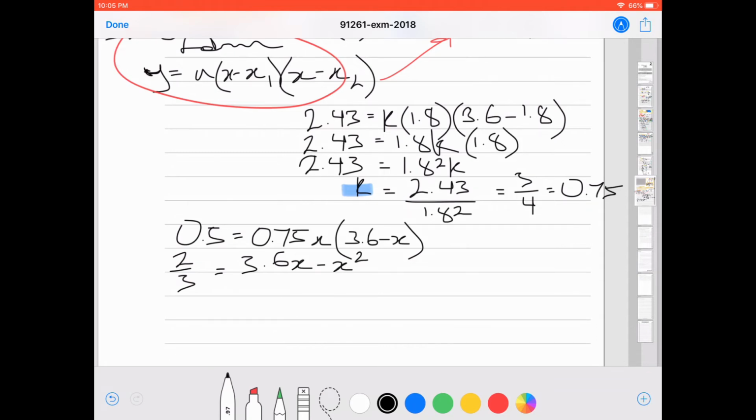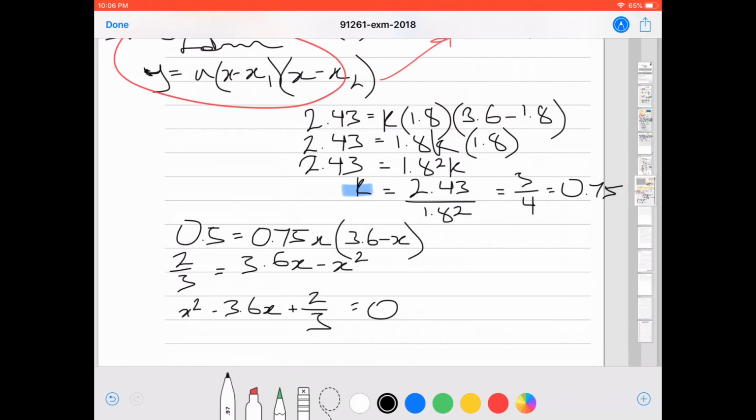Let's take everything to the left-hand side, just to make our x squared term positive. So x squared minus 3.6x plus 2/3 equals 0. And actually I've ended up with a quadratic that's different to my notes. Hopefully it comes out with the same answer. We go into our quadratic solver on our calculator. A value is 1, B value negative 3.6, and the C value is 2/3 here.